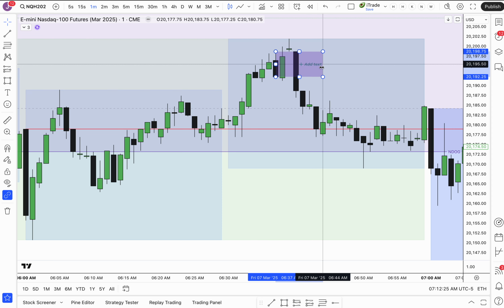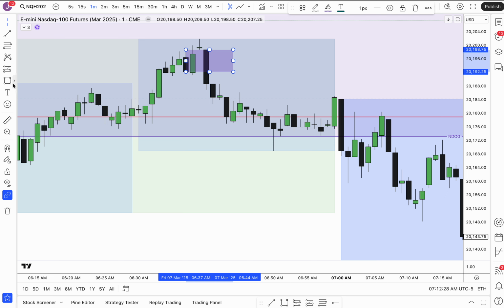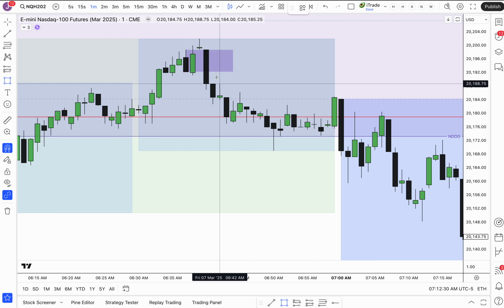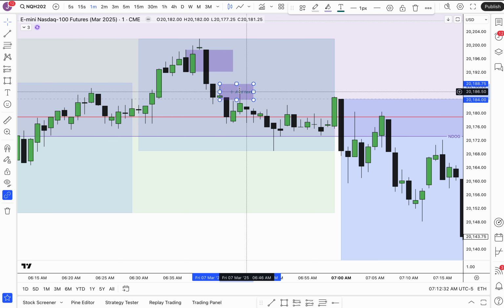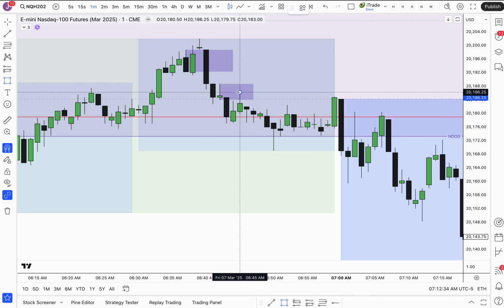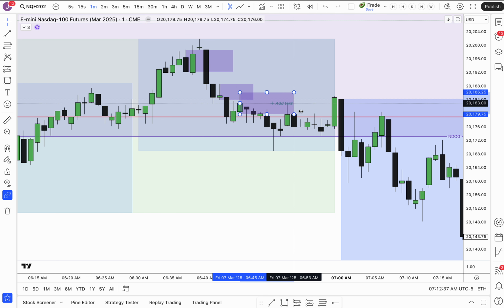Same here. Then we have the up close candles supporting price as resistance.